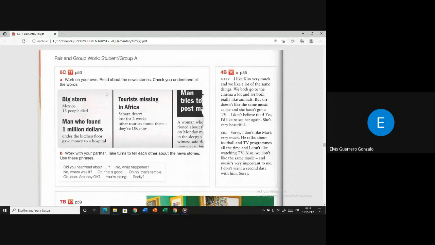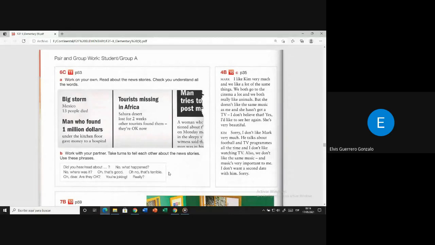You have to read about these stories. There are 3 stories, right? Big Storm, Man Who Found $1 million, Tourists Missing in Africa. Read the stories. Try to understand all the vocabulary in the stories.